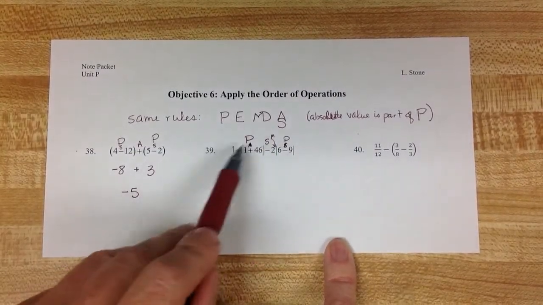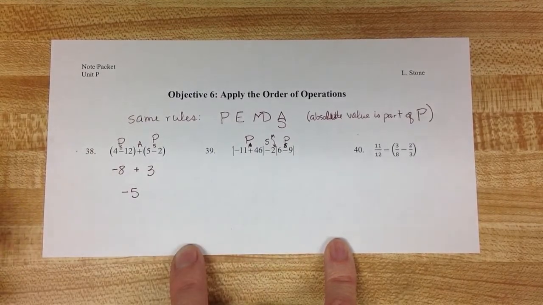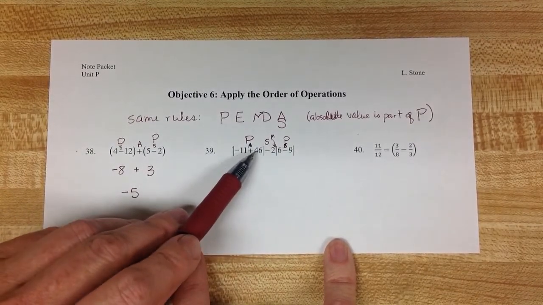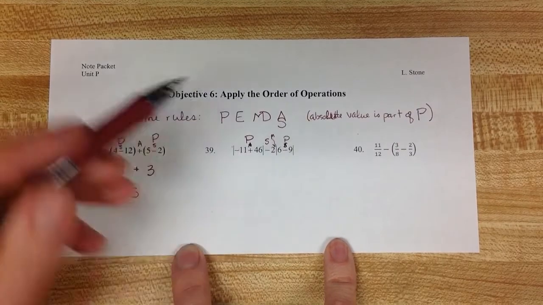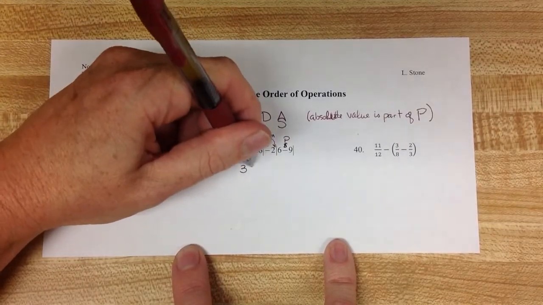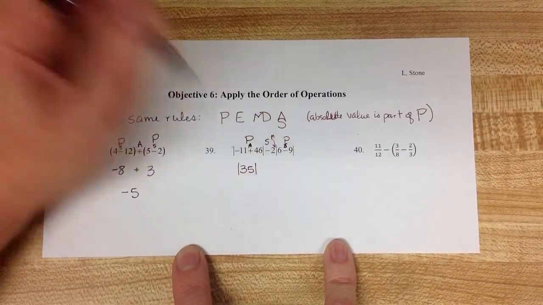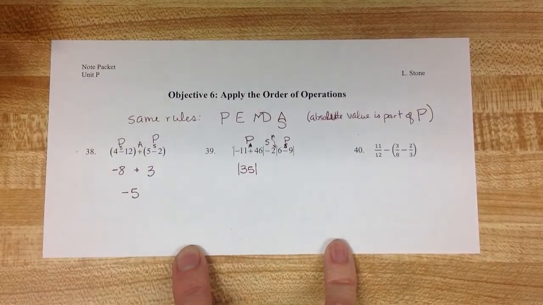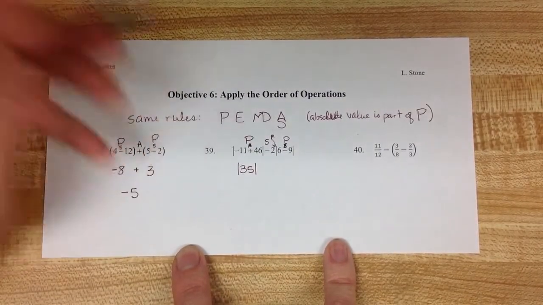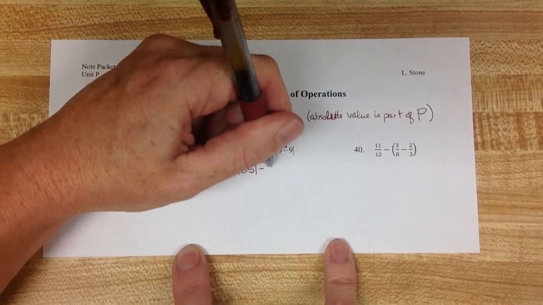So coming through here, I need to do what's inside the absolute value symbols first. -11 plus 46 is going to give me a +35. I'm keeping the absolute value symbol here because I have only done the math on the inside. I haven't found the absolute value yet.